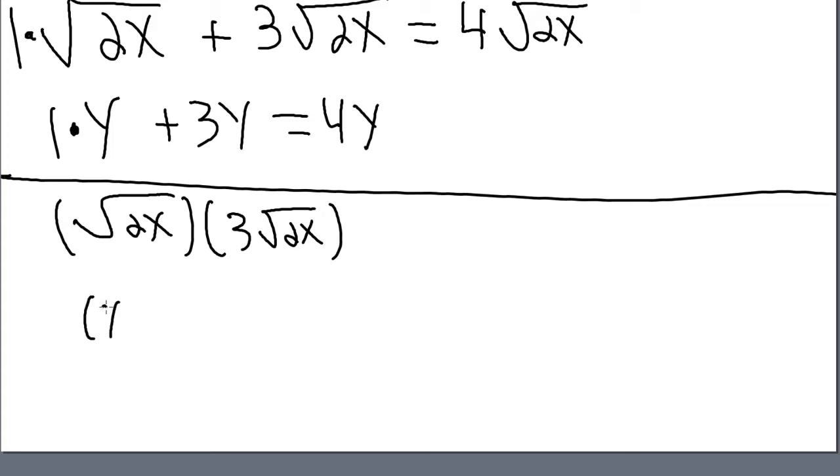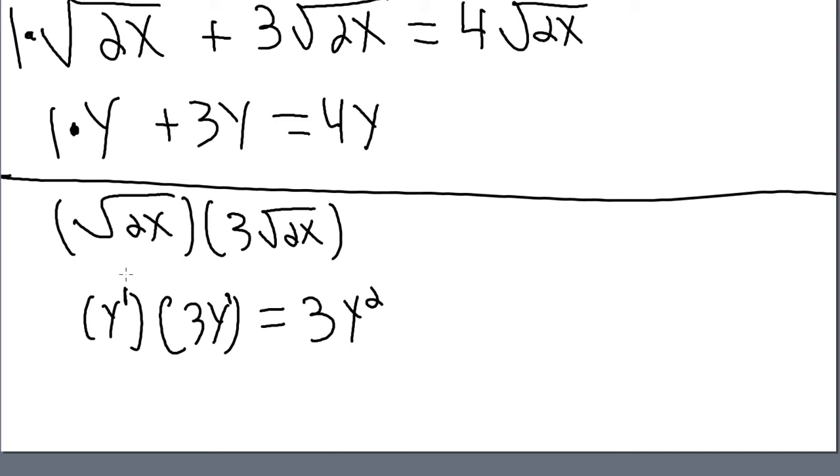If we took y times 3y, what would we get? We would get 3y squared. Why is that? Because we would add the exponents. There's a 1 here and a 1 here. They're all being raised to the first power. We just usually don't write that y is to the first power because anything to the first power is just itself.